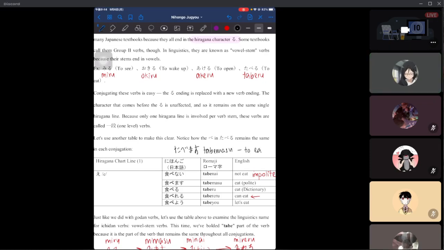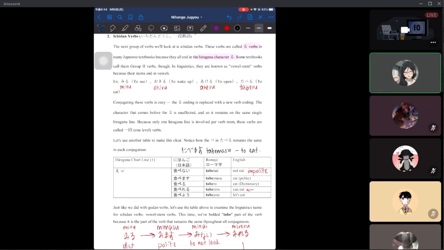Tabemas, to eat. This one is the mas form, tabemas. But if you change it into the dictionary form or short form, it becomes taberu, which is eat, basically the dictionary form. If you notice, the be here does not change the vowel.